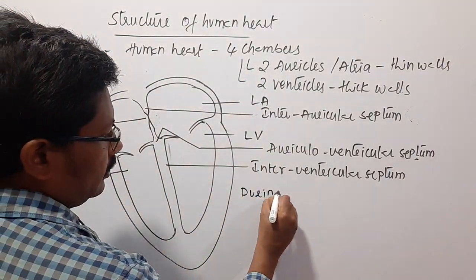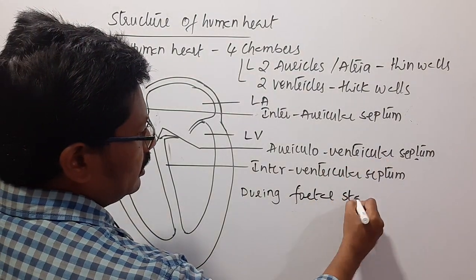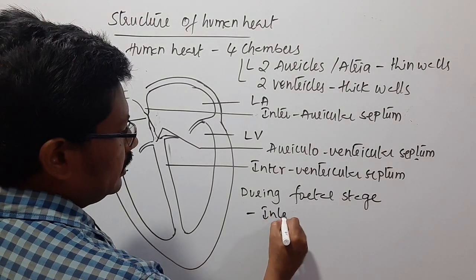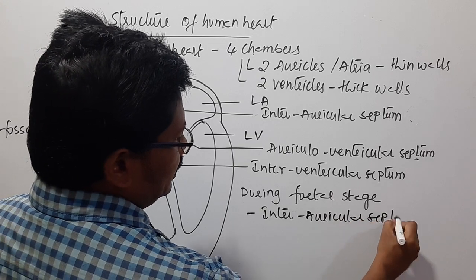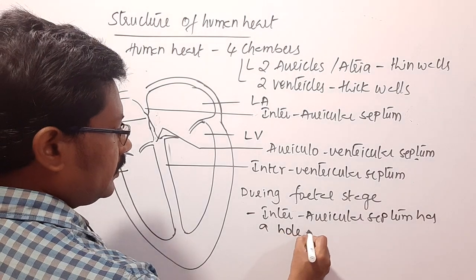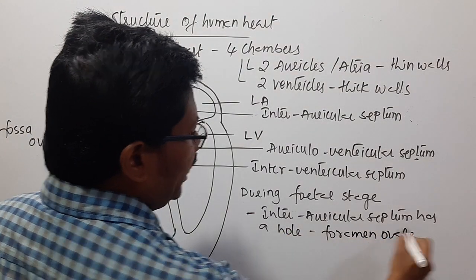During the fetal stage, the interauricular septum has a hole, and that is called the foramen ovale.